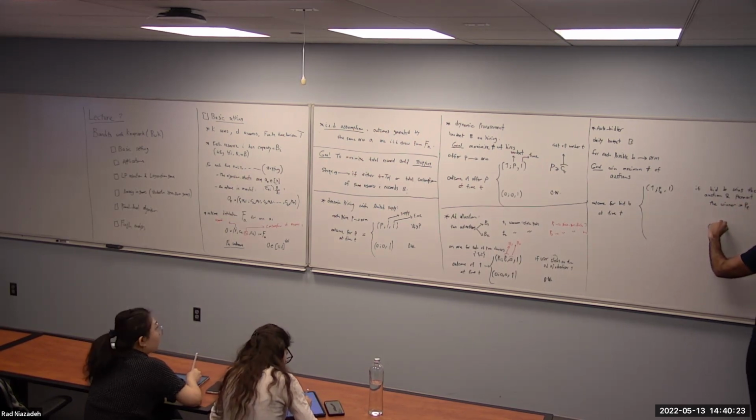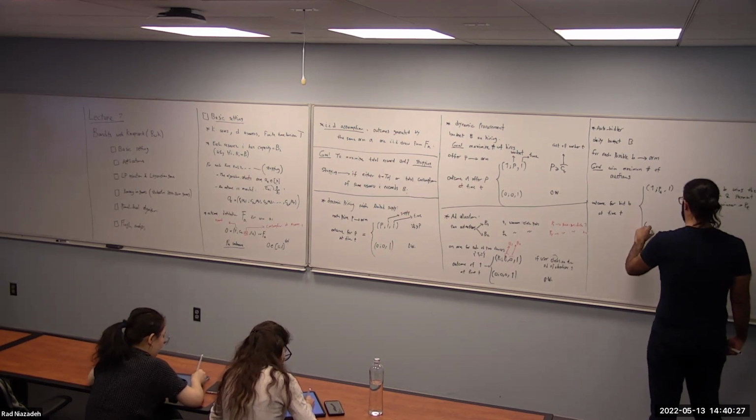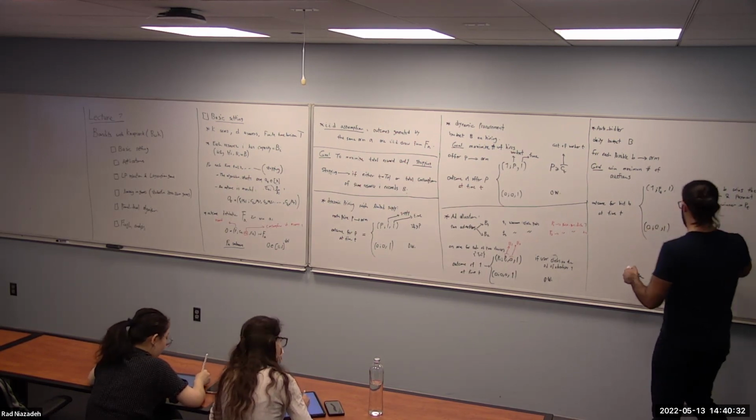Otherwise, you lose, and imagine that you're attending an auction in which no loser pays, then you get 0, 0, and 1.